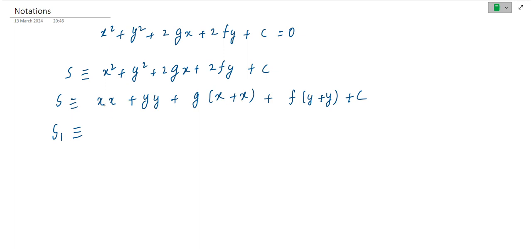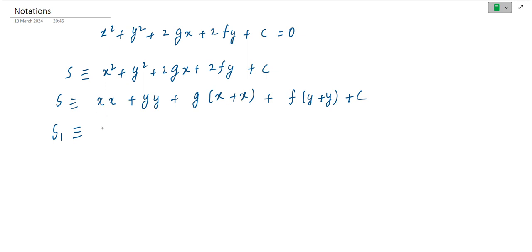In the expression S, we have x into x, y into y, x plus x, y plus y. Here we have to replace one x with x1.